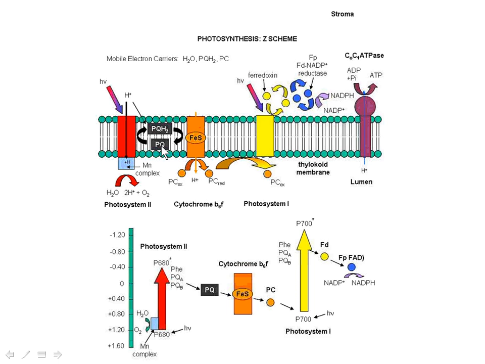You can see the plastoquinones in the membrane. They're lipid soluble, carrying electrons to cytochrome B6F. B6F is itself an integral membrane protein, moving protons and making plastocyanin, the peripheral membrane protein. Plastocyanin transfers that to photosystem 2.